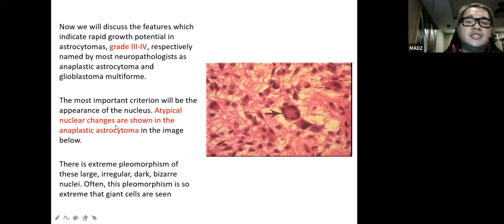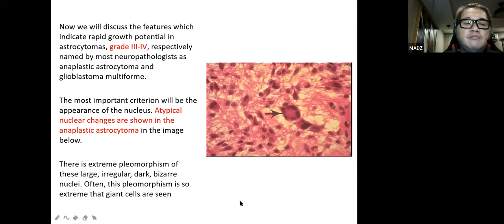Atypical nuclear changes are shown in the anaplastic astrocytoma in the image here. You see this one, look at this, there are multiple nuclei and bizarre looking nuclei. That means that most likely this is an aggressive tumor.